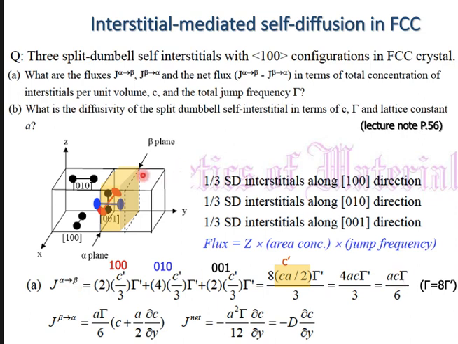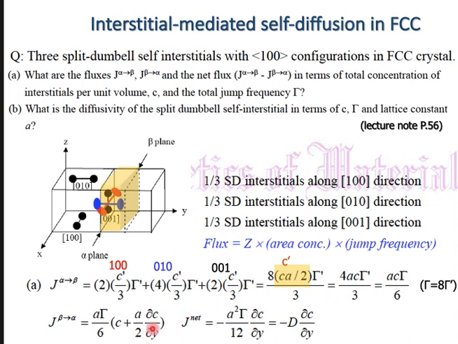So now what's the flux from beta to alpha? As I mentioned, in order to maintain the concentration gradient along the y-axis to compare with Fick's first law, we need to modify the concentration. We show the concentration on the beta plane by C plus the distance A divided by 2 times the concentration gradient.